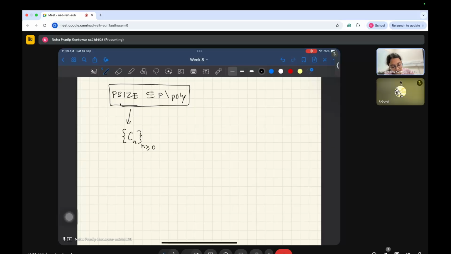For all x in the language, whenever the length of x is n, what the advice function will actually do is tell you the description of the circuit. Which circuit should you use? So h of x is basically going to give us the description of the circuit corresponding to the length of the input.